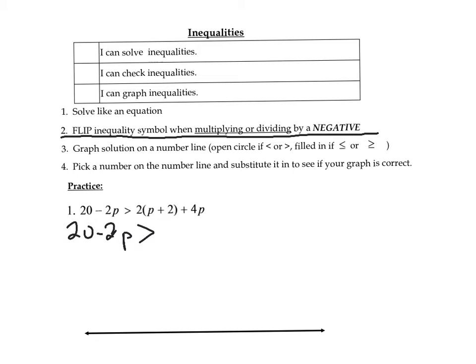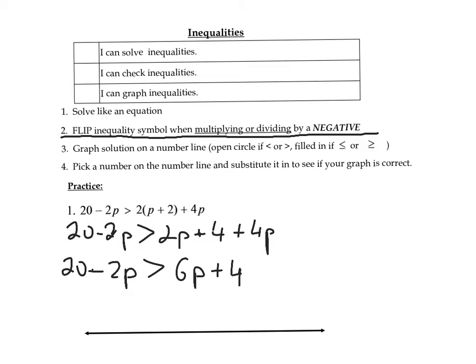So I will get 2p plus 4, and please bring down 4p. Then just combine like terms if you can, bringing variables to one side and numbers to the other side. So on your left side I have 20 minus 2p is greater than 4p plus 2p, which is 6p, plus 4.